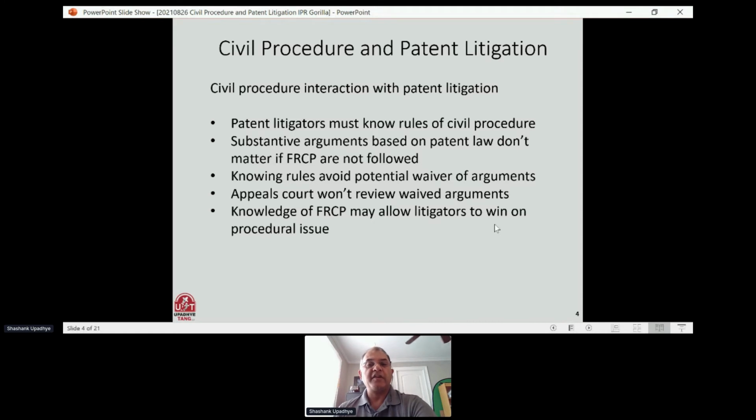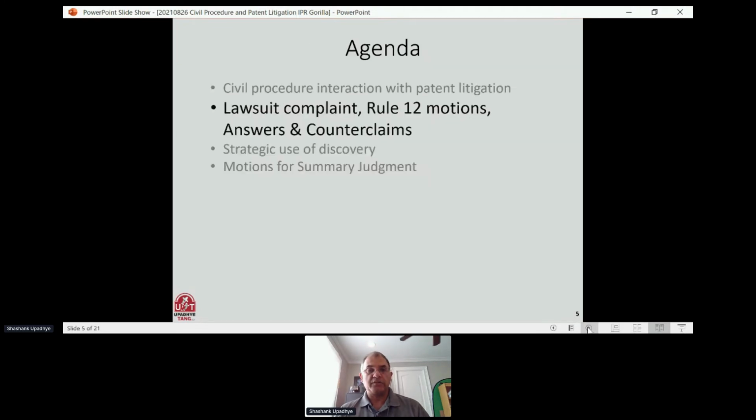And you have to think about the fact that what happens at trial is ultimately what gets appealed at the appeals court. And the appeals court is not going to review any arguments that are waived, no matter how good they are. So the most talented patent litigators are the ones that will often use the federal rules of civil procedure as a procedural tool in order to win their litigation.